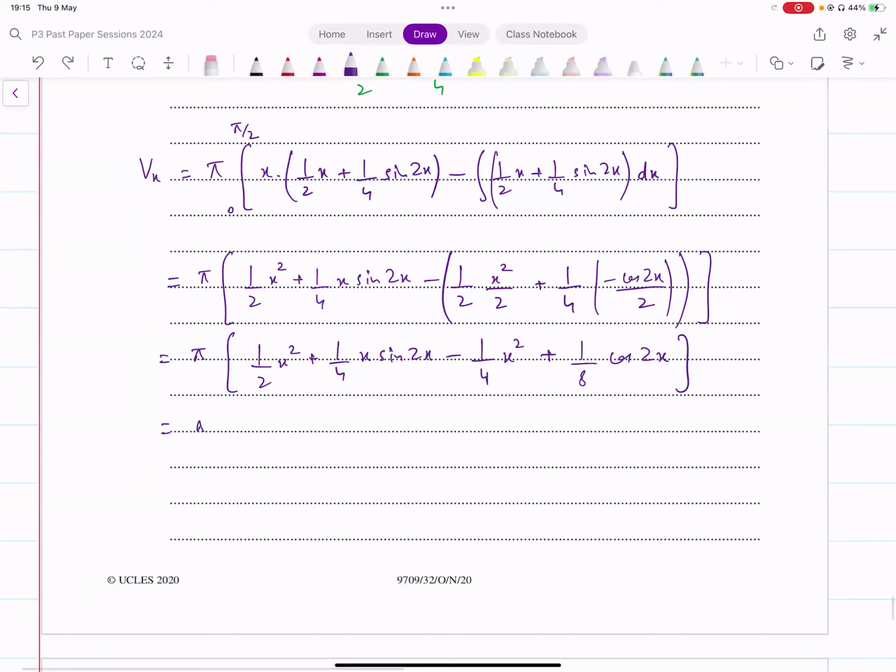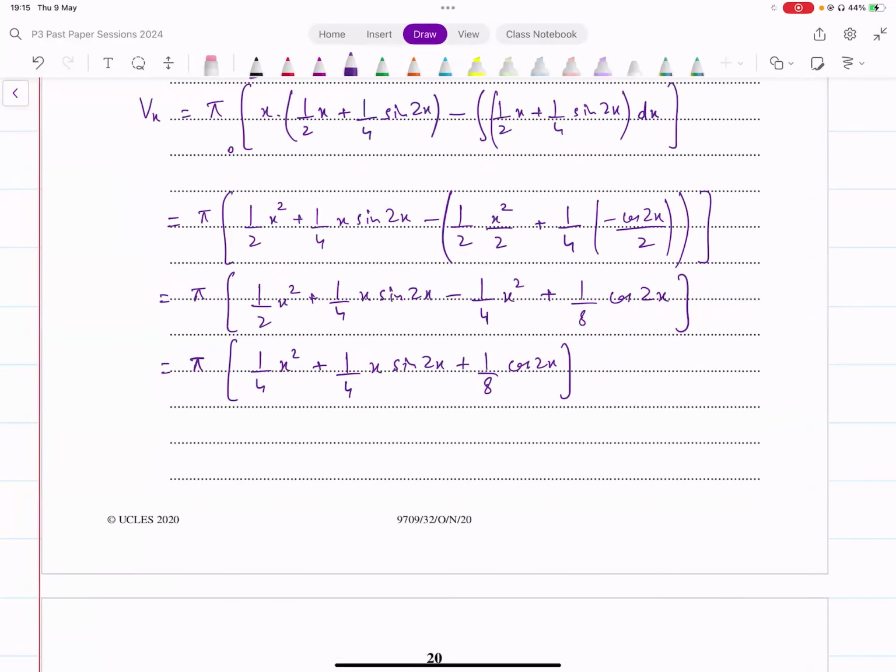Now, one last step before we input the limits, we can actually simplify this. Half minus 1 over 4, that's 1 over 4, right? So it becomes 1 over 4x squared plus 1 over 4x into sine of 2x plus 1 over 8 into cos of 2x. Now we input the limits.